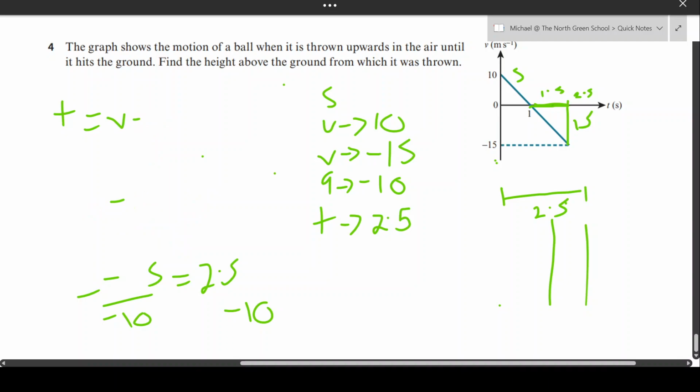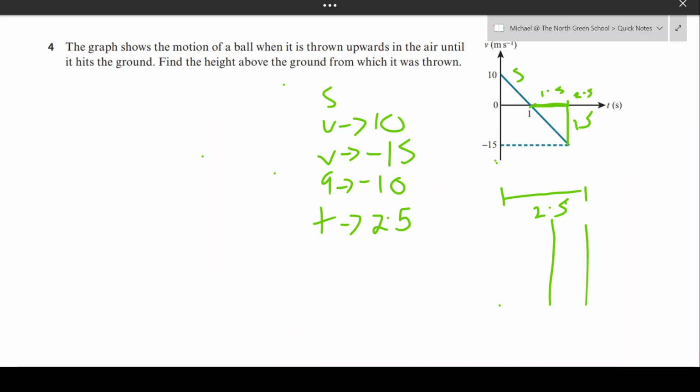So it'll be a half base height, a half times 1.5 times, actually times negative 15. 0.5 times 1.5 times negative 15, which is negative 11.25, and that's the area down there, negative 11.25.